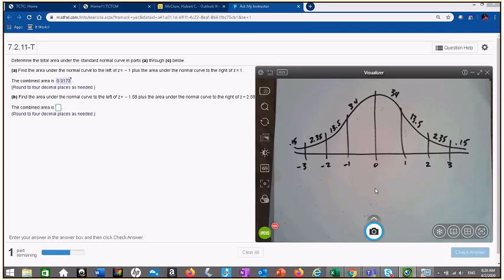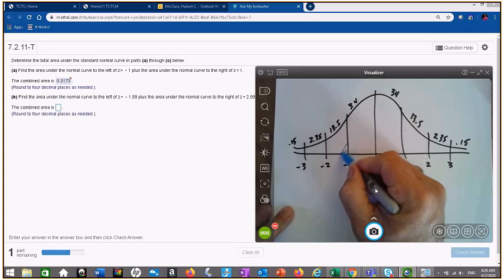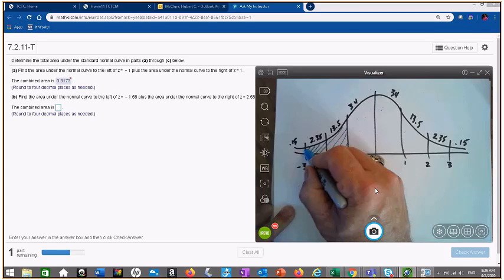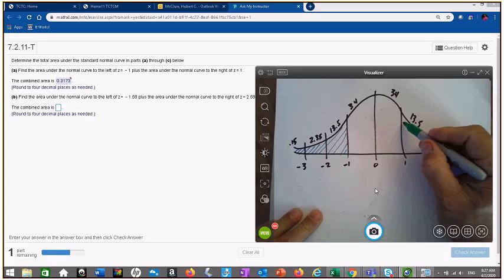So I'm going to take my handy dandy blue marker, and I'm going to highlight the area to the left of -1. And I'm going to take my green marker, and I'm going to do the area to the right of 1.